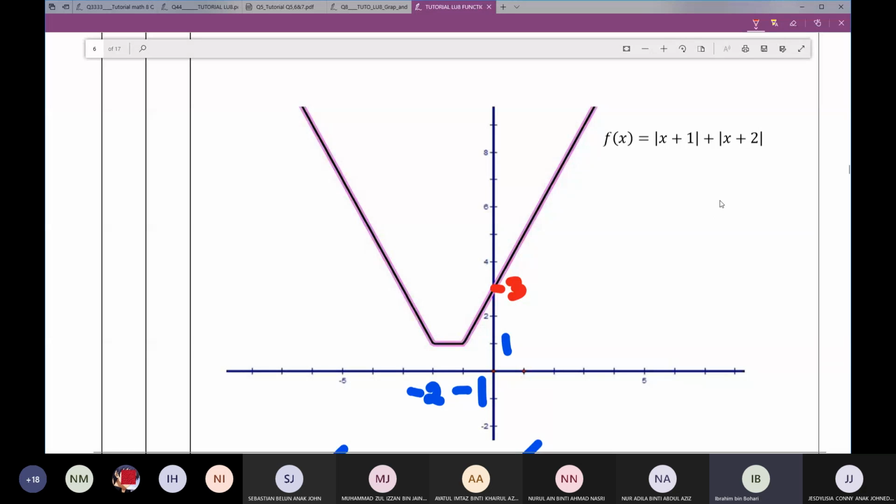Okay. Ada lagi? Okay, soalan lain kalau ada?